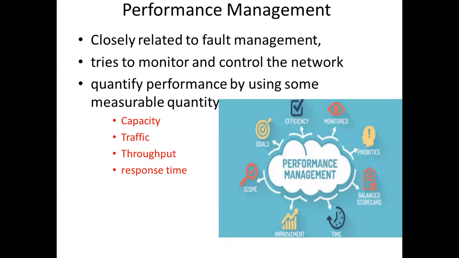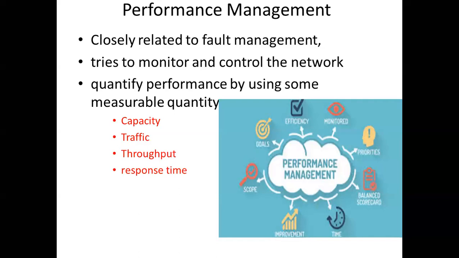Capacity means the transmission capacity of that network. How many packets can it forward at a time? Or what is the bandwidth of that particular network? Traffic means when you have load on the network, whether it is able to handle that many input packets and that many output packets. So it should be able to handle the load well.